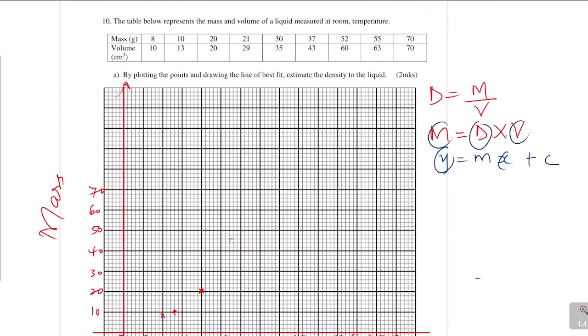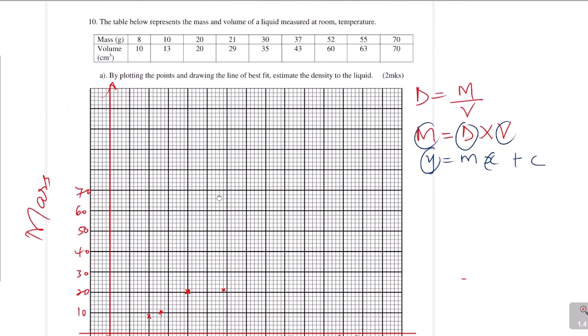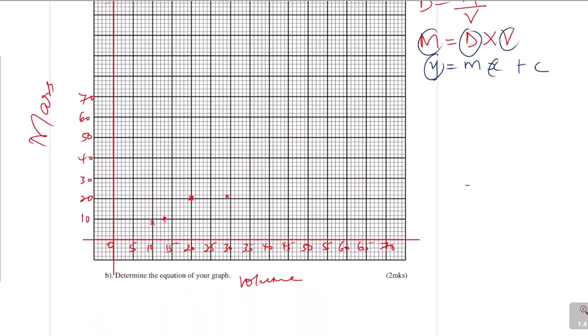Then we have 29, 21. 29, then 21. And 29 is there. Then the next is 35, 30. That is there.